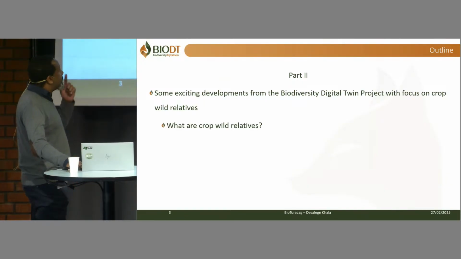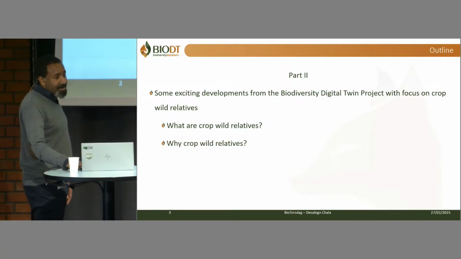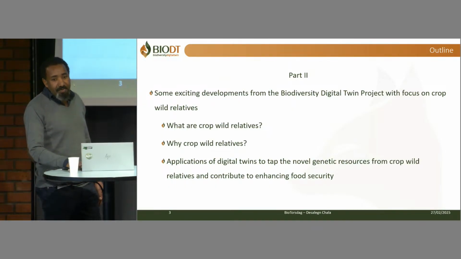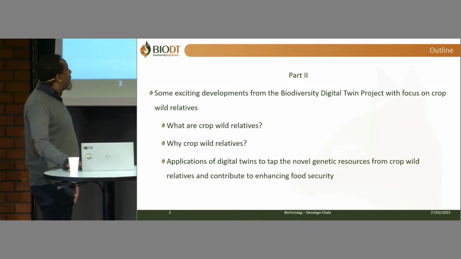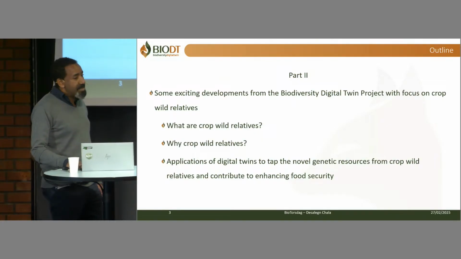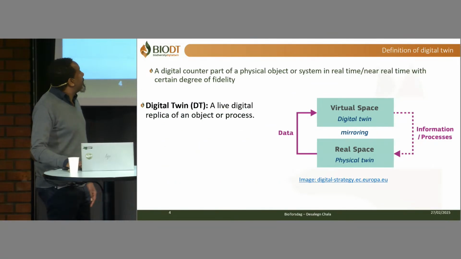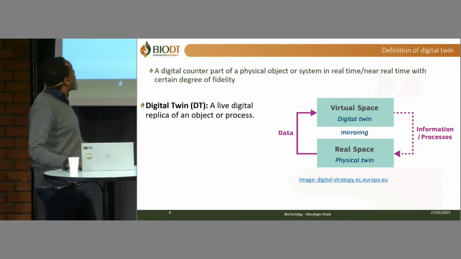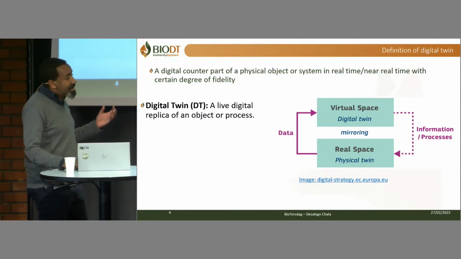That's what I'm going to touch on in the second part of my talk, with focus on what crop wild relatives are, why they are important for us, and how we can make use of digital twins in order to tap the novel genetic resources which are contained in crop wild relatives and contribute to enhancing food security.